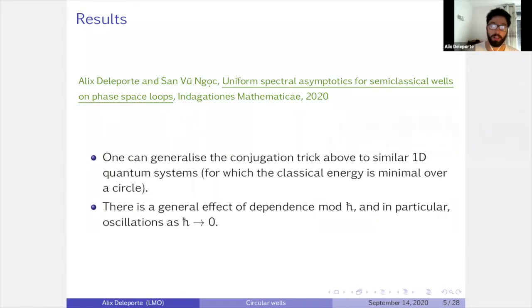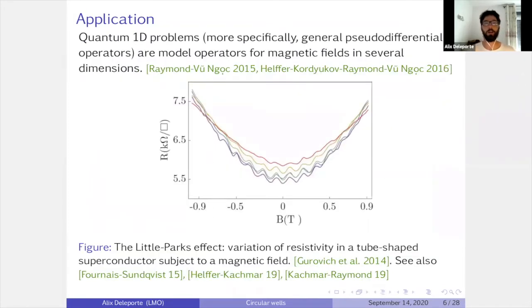As an illustration, I will present the Little-Parks effect. Quantum problems in 1D in general are very exciting because they are model operators for general magnetic fields in several dimensions. In particular, this oscillation behavior is related to the Little-Parks effect. The Little-Parks effect is as follows.